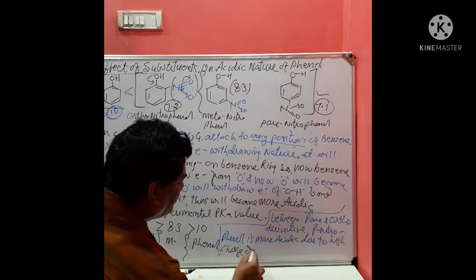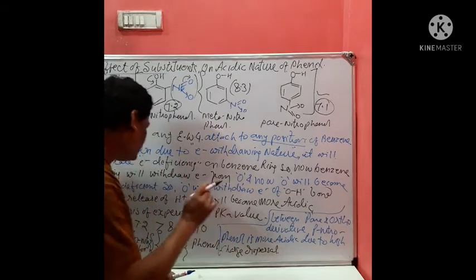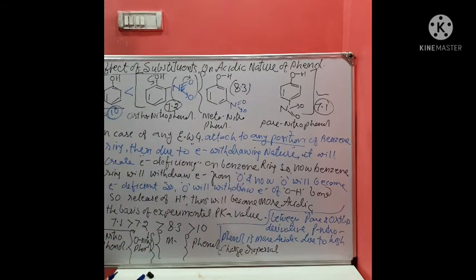Therefore, paranitrophenol is most acidic, then orthonitrophenol, then metanitrophenol, and then phenol.